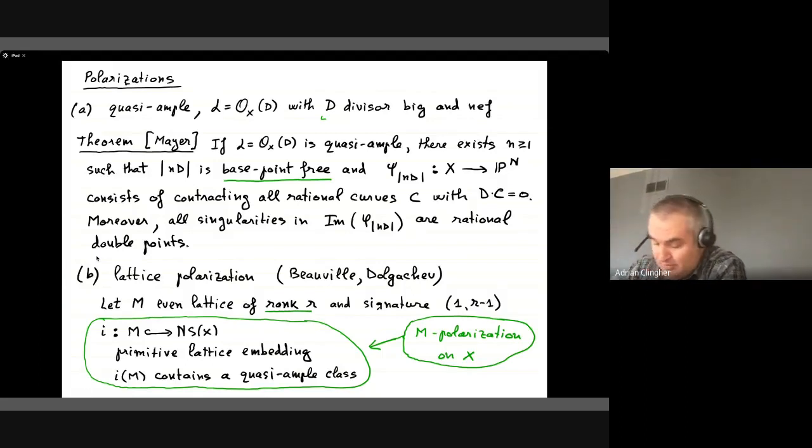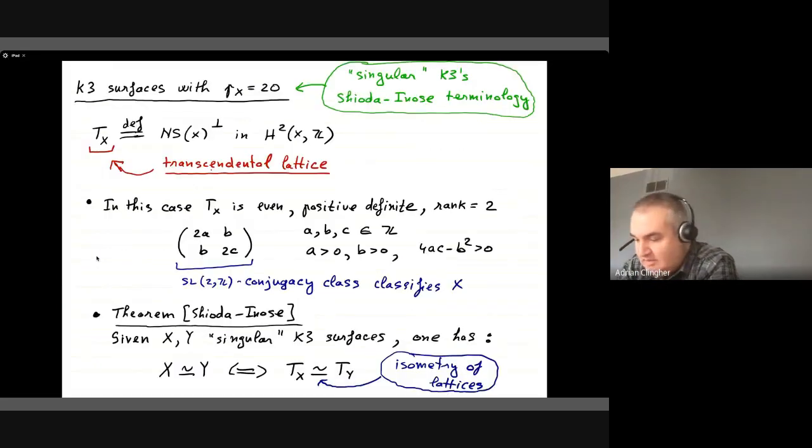The embedding has to be primitive, and the image of M has to contain a quasi-ample class. So in that sense, a lattice polarization is kind of an extension of the standard polarization. So what is this going to do? Well, as we will see in a moment, this will create nicer moduli spaces.